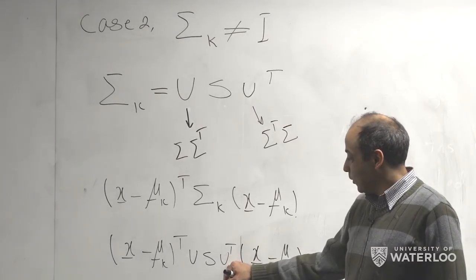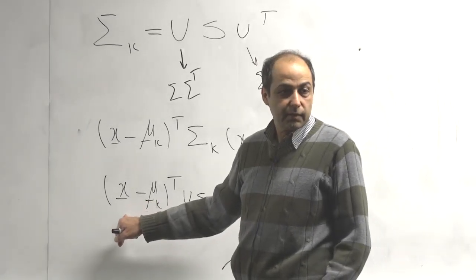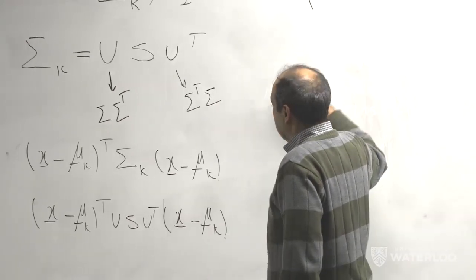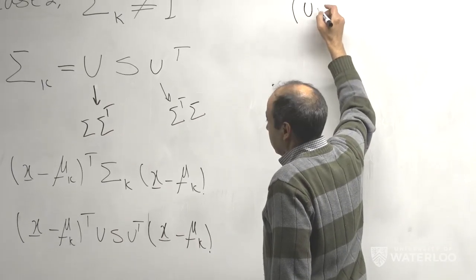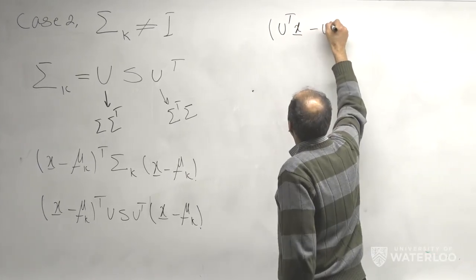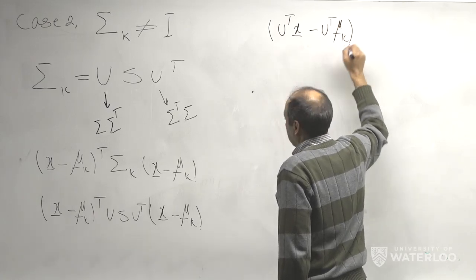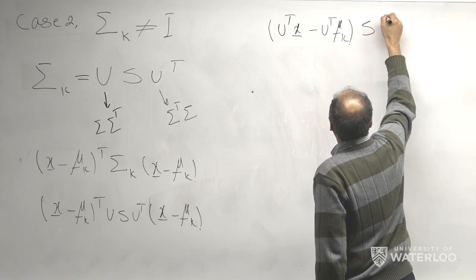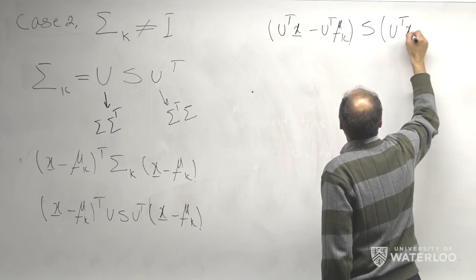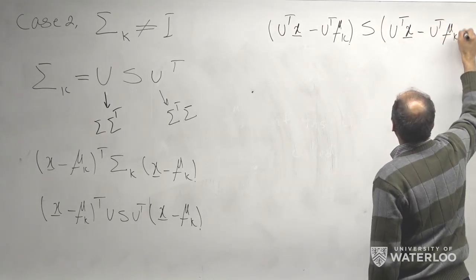Let me take this U transpose inside this bracket and this U inside this bracket. It's going to be U transpose x minus U transpose mu k, S, U transpose x minus U transpose mu k.